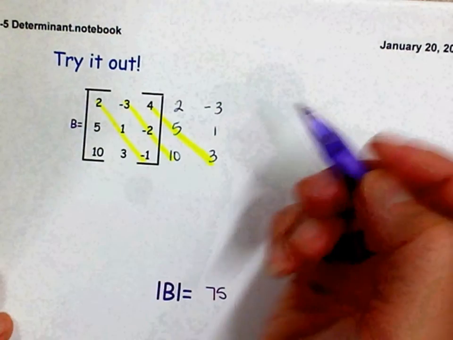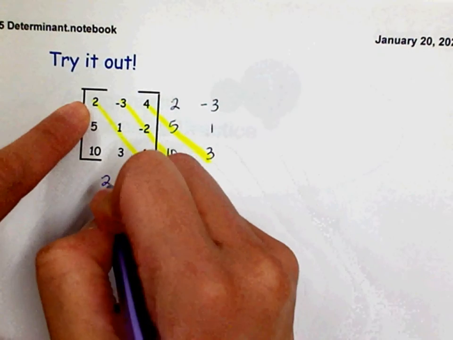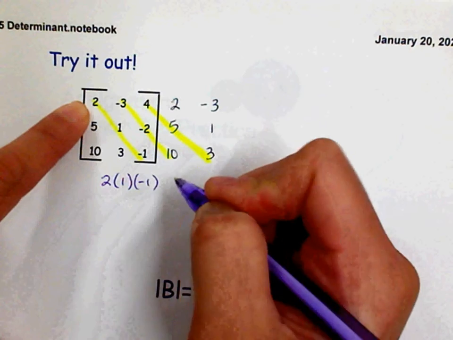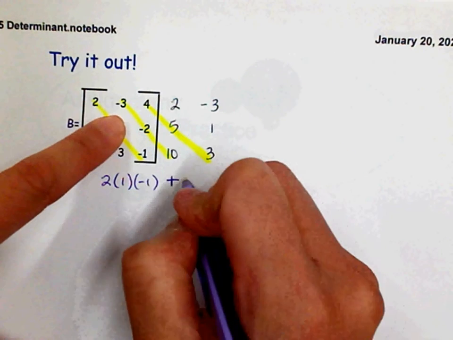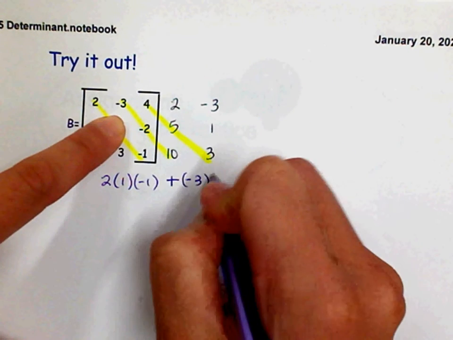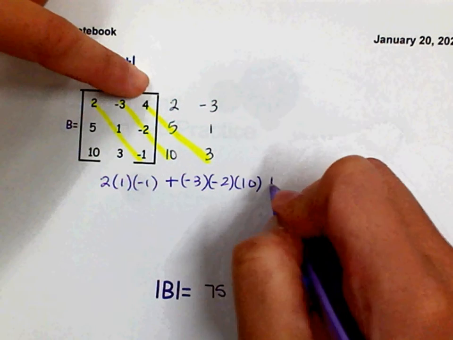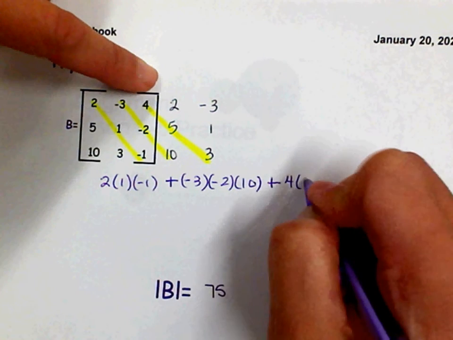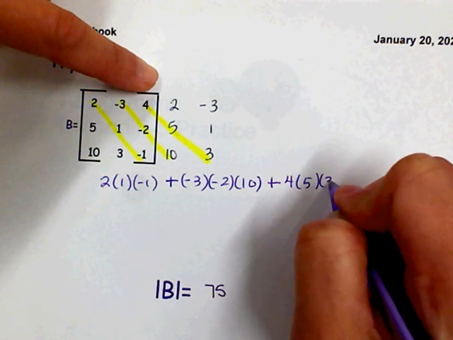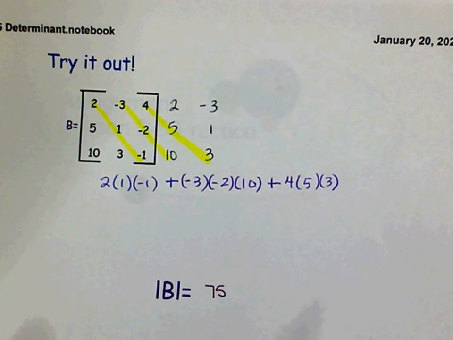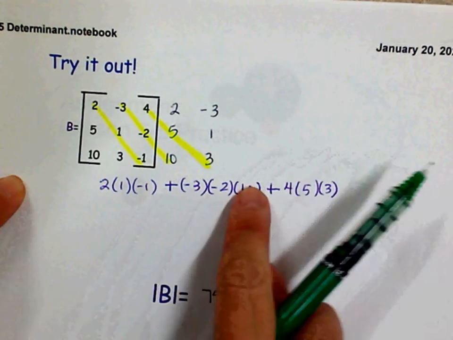Guys ready? 2 times 1 times negative 1 plus negative 3 times negative 2 times 10. See that? Plus 4 times 5 times 3. Okay, 1, 2, 3. 3 diagonals.